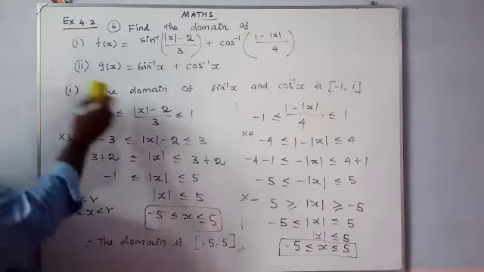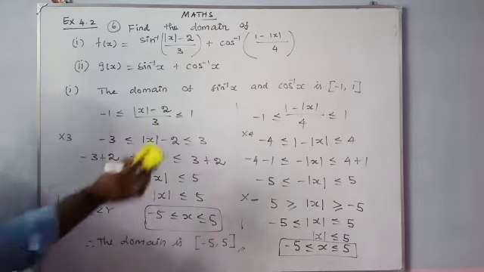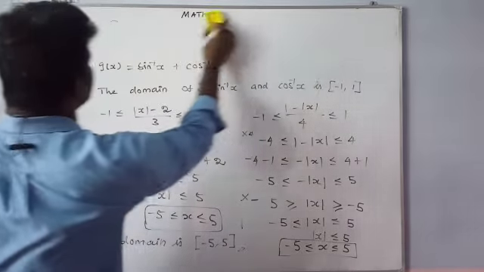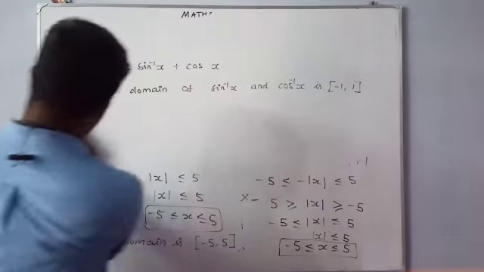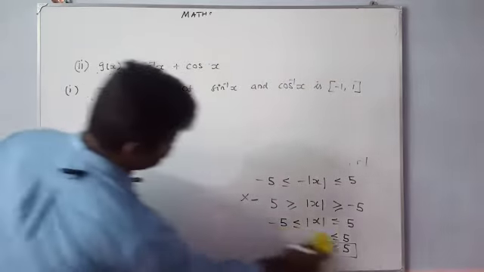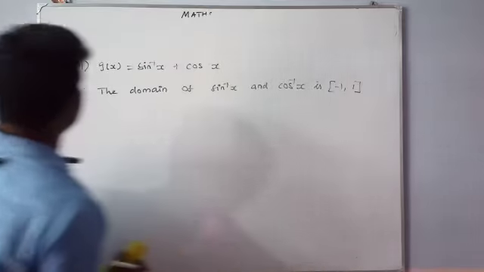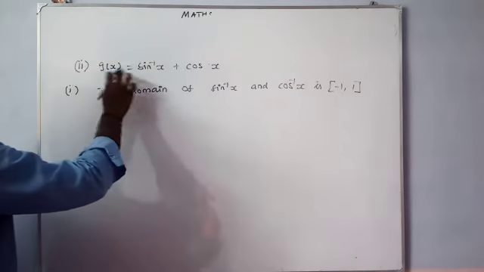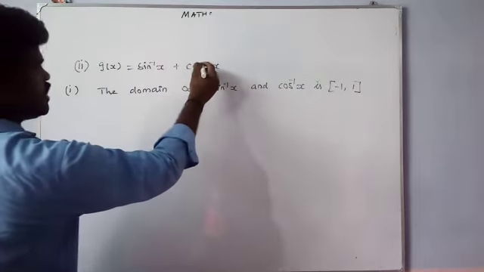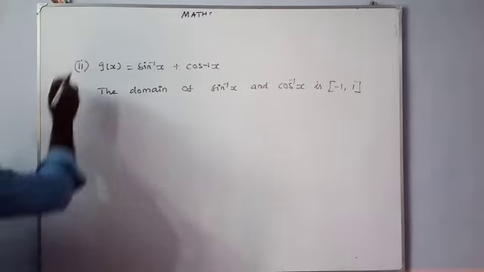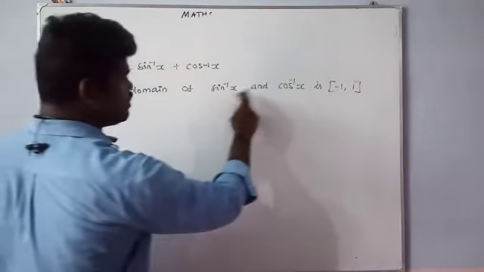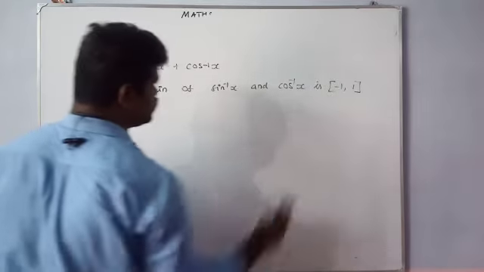Refer to this sum, and we want to go to the second sum. Second one, g of x equal to sin inverse x plus cos inverse x. We want to find the domain also. Here the domain of sin inverse x and cos inverse x is minus 1 to plus 1.